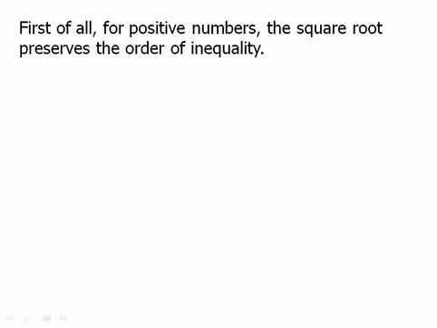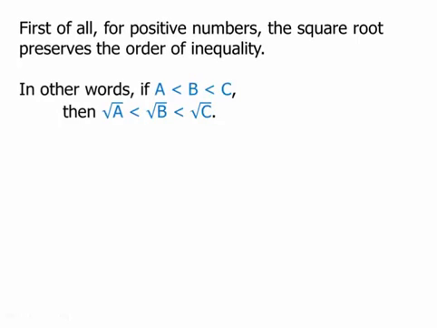First of all, for all positive numbers, the square root preserves the order of inequality. What do I mean by that? Well, if a is less than b is less than c, if they're in that particular order, then when we take the square root, they're still in exactly that same order. Square root of a is less than square root of b is less than square root of c. So that is true 100% of the time.